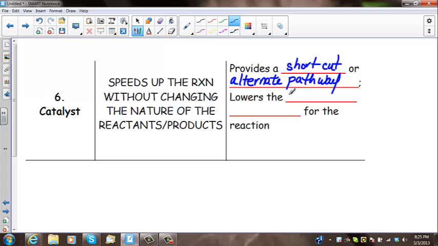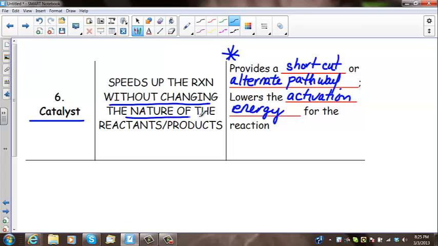And it does this by lowering the activation energy for the reaction. This is extremely important. It's on every Regents exam. You have to know what a catalyst does. You have to know how it does it by lowering the activation energy, and you have to know that it does not change the reactants or the products.